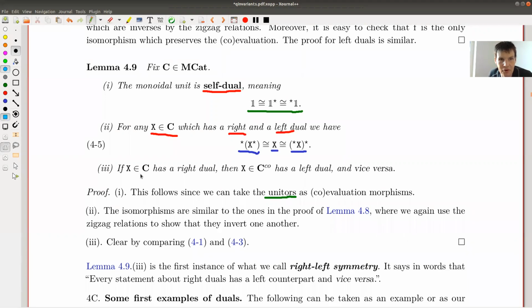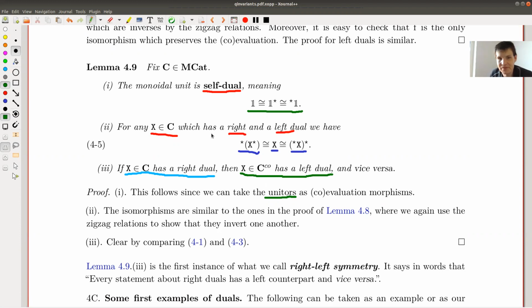Yeah, and of course, left and right dual are related by some kind of turning structures from left to right. So if X has a right dual, then in the corresponding co-category, X is a left dual, and vice versa. So they're really dual concepts, as you would expect, right?